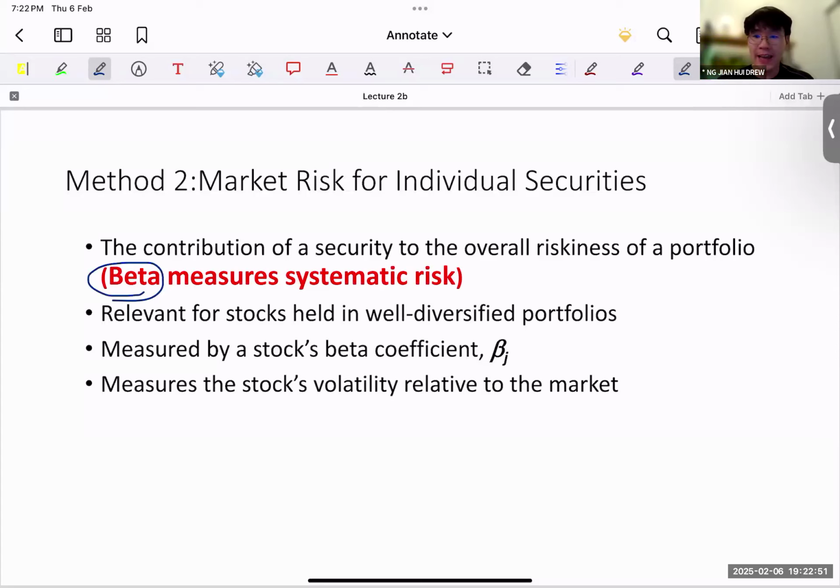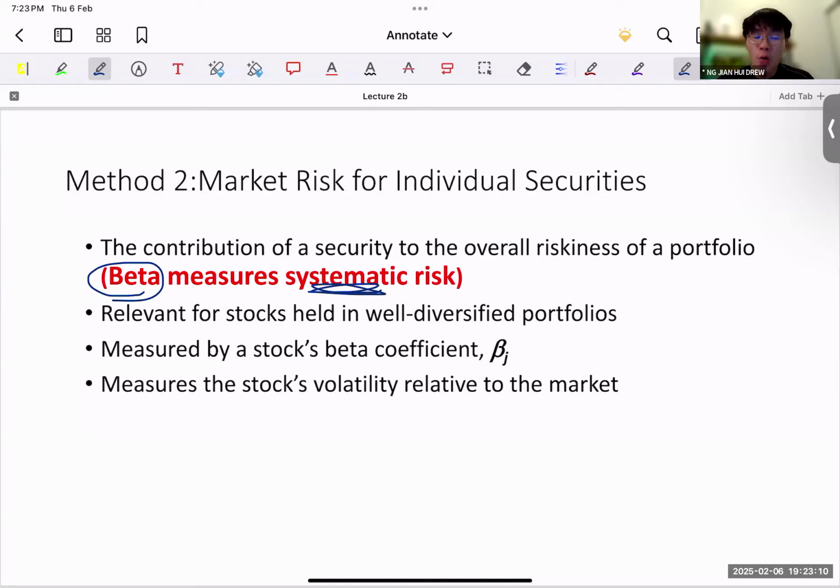So beta of a stock basically measures the systematic risk of the stock, right? And it measures the overall risk of that stock when there is no unsystematic risk. So what does it mean?